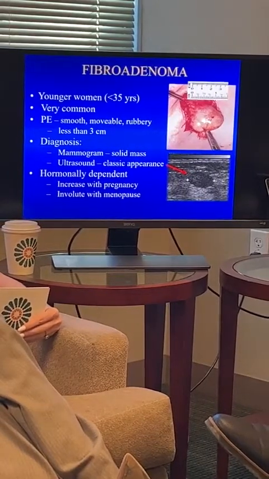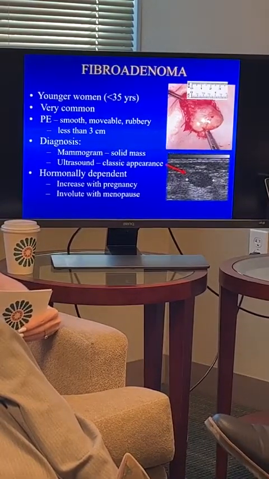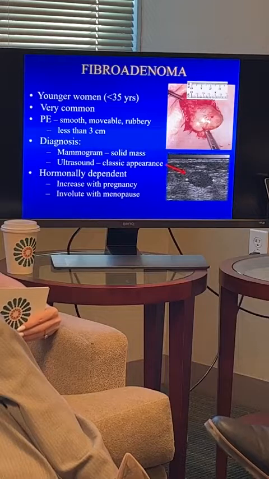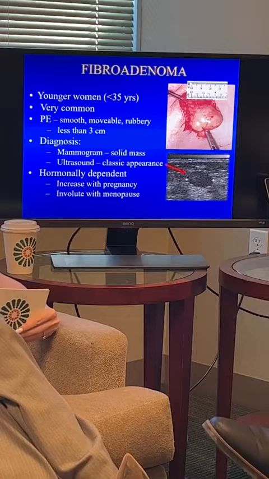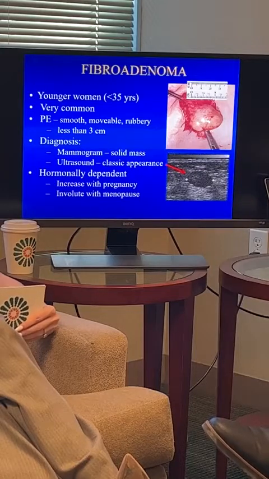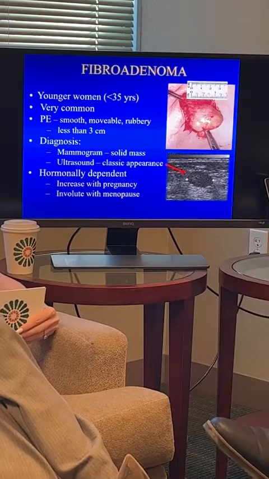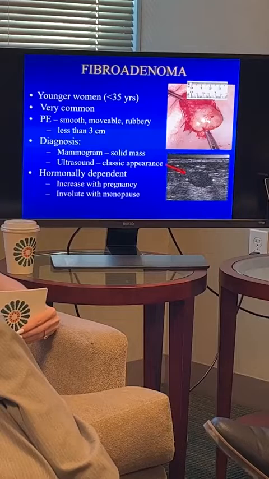Fibroadenomas are very common, particularly in younger women under 35 years of age. On exam, they feel smooth, movable, and rubbery, and in most cases are less than 3 centimeters in diameter. They are diagnosed by physical examination, mammogram, which shows solid masses, and particularly with a classic appearance on ultrasound.